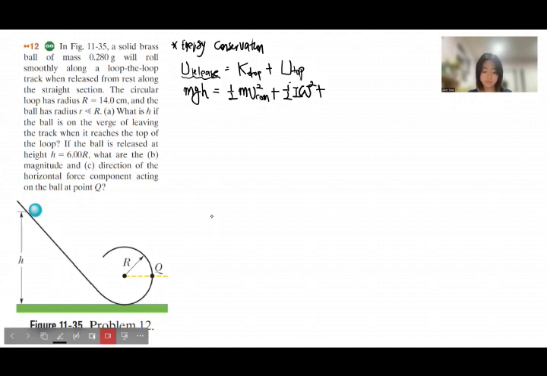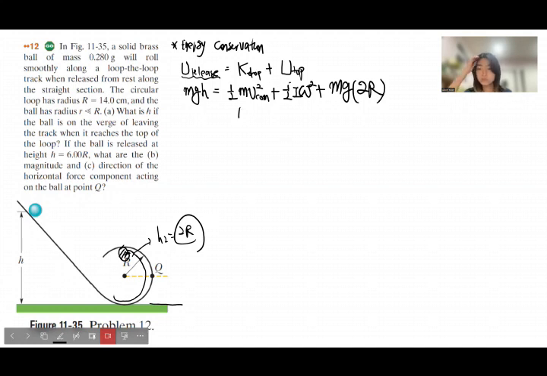And then when this ball reaches the top of this track right there, that height should be m g 2R, right? So that's h2, which is 2R from the reference of this system.